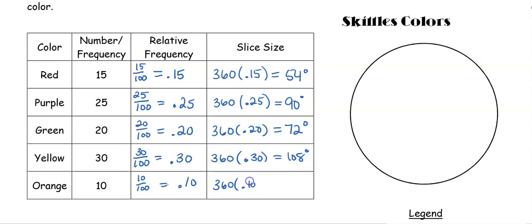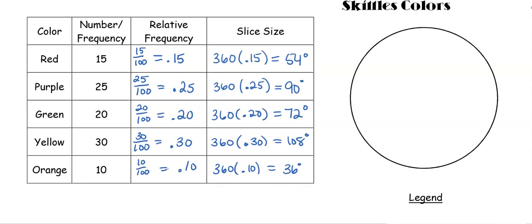So again, 10% of 360 is going to give us 36 degrees. Again, remember we just added all those up and we know that we have a total of 100 count. If I were to add up all of the decimals, it would add up to 1, because remember we moved the decimal 2 spots, which would give us that 100%. If I were to add up all of the degrees in this case, we end up with the full circle of 360 degrees.